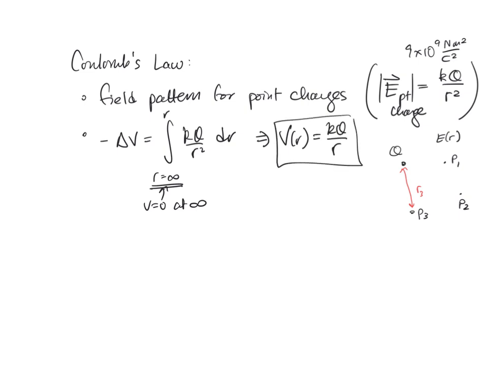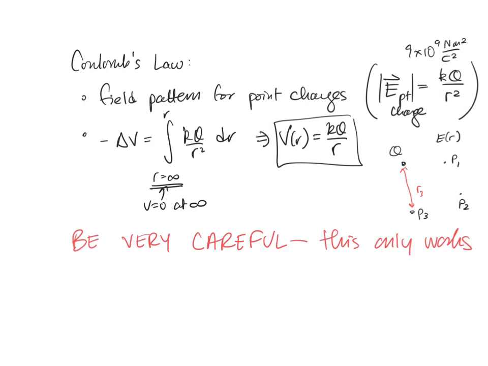So these are our friends. We do appreciate them, but you need to be very careful because these expressions for field strength and potential only work sometimes, not all the time. When do they work? If you have point charges.